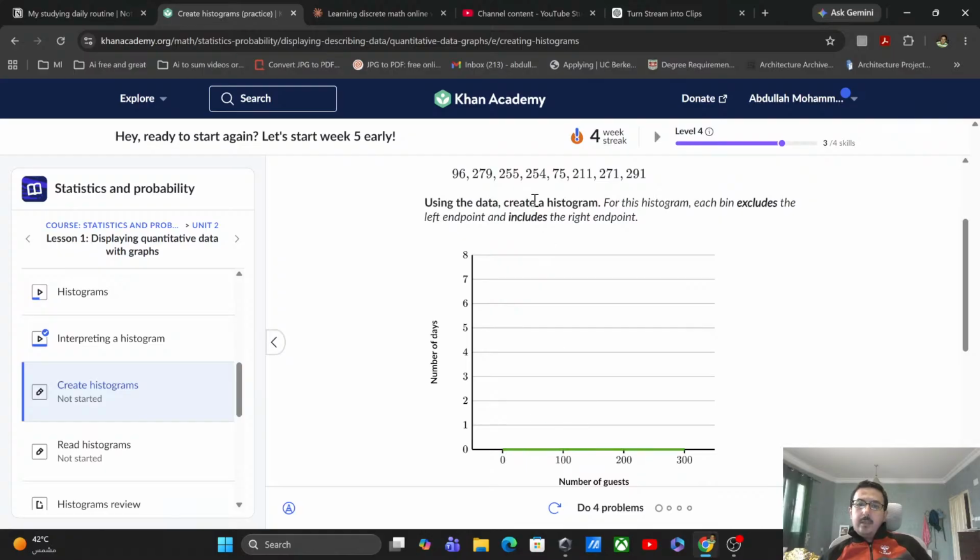How many? 1, 2, got 2, and then 100 to 200, which bin excludes the left endpoint, includes the right endpoint.